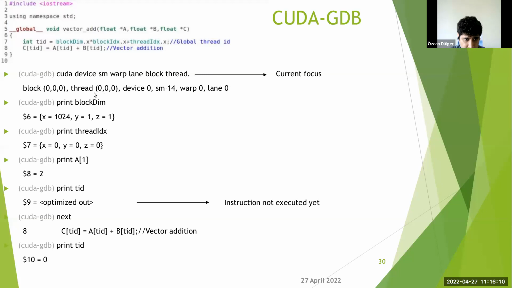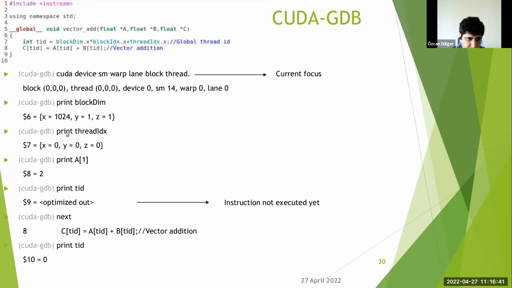We can also print the values of variables. This is the built-in variable blockDim. blockDim gives us the dimension information of the blocks. When we print it here, it has three-dimensional information. The first one is 1024, the second one is 1, the third one is 1. So it is a 1D block, and the number of threads is 1024.